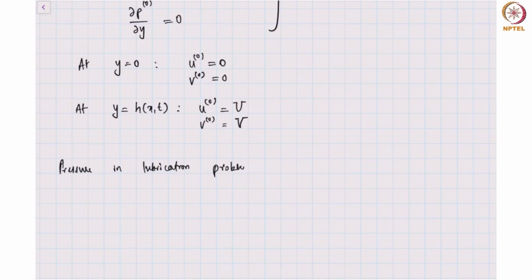In lubrication problems, if you notice, the characteristic scale for pressure was mu u naught by L times an epsilon square.